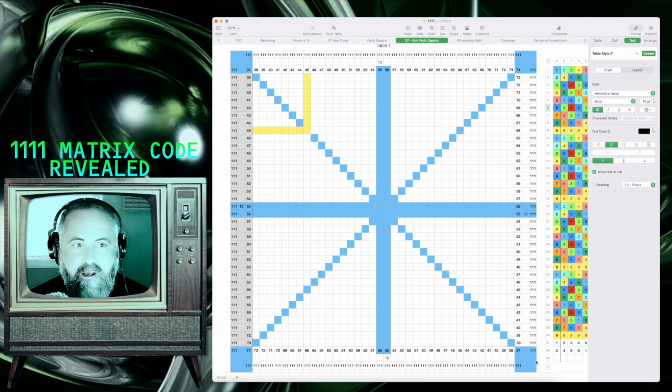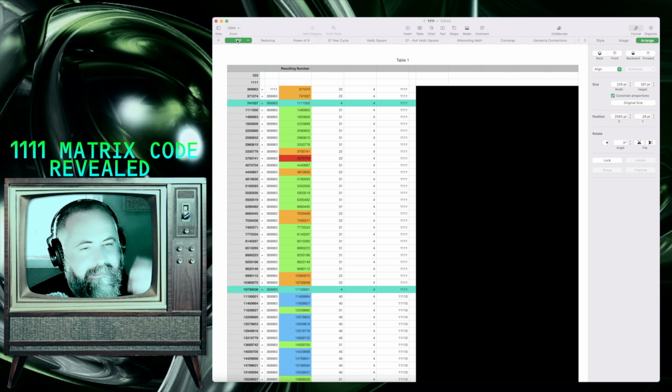It goes across the top, bottom, and the sides. You come back to the number 111. Well, that led me back to the third number in the sequence, which is 111100.